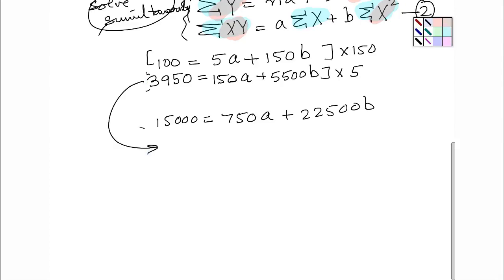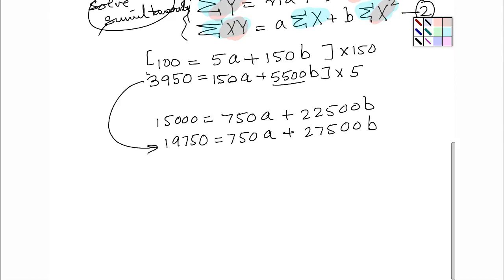Now I'll take this second equation and multiply it by 5. What do we get? 3950 multiplied by 5 will give me 19750. 150 into 5 would give me 750A. 5500 multiplied by 5 would give me 27,500b.